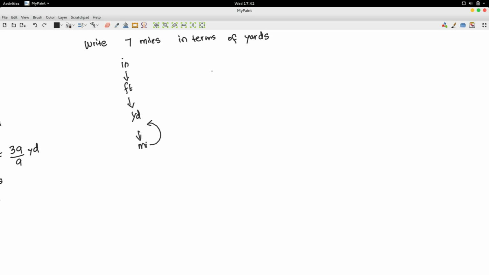We know 1 mile is equal to 1760 yards. This would mean 7 miles would be equal to 7 times 1760 yards, which is 12,320 yards. And that's what we'd have.